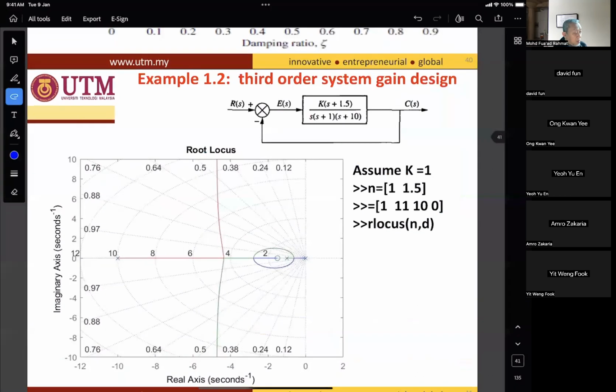So we have 3 root locus paths. One ends at the zero here, and then the other one will go here, and one over here, and one goes here.